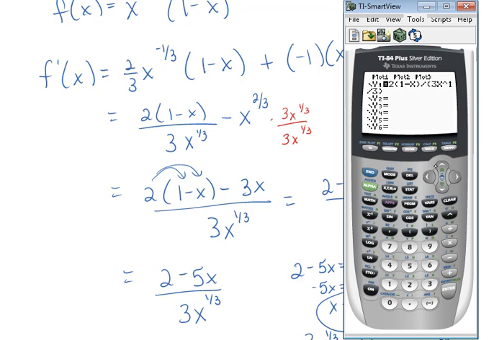That has to be in parentheses too. And then minus the x to the 2/3.